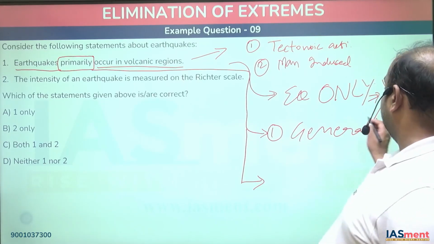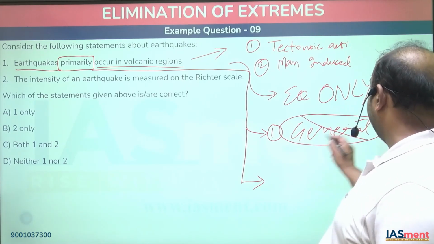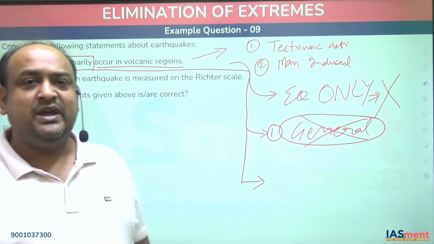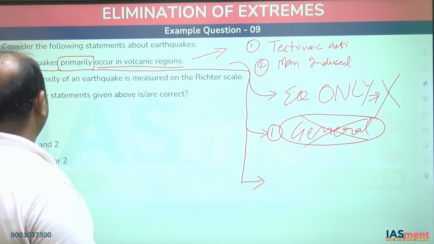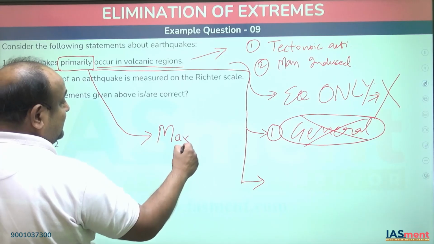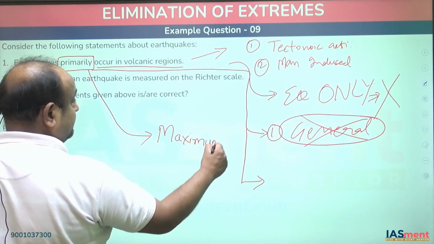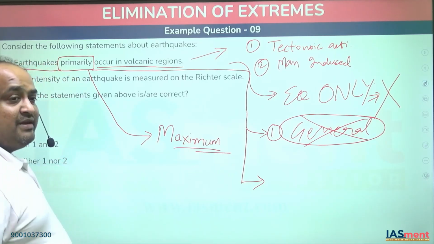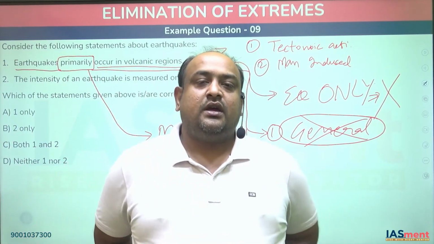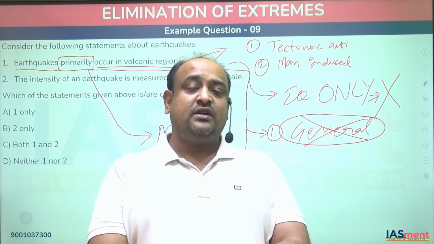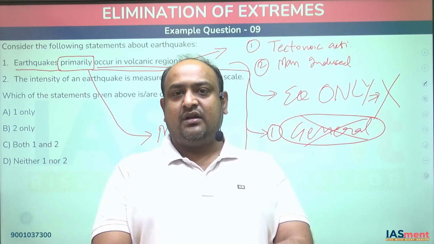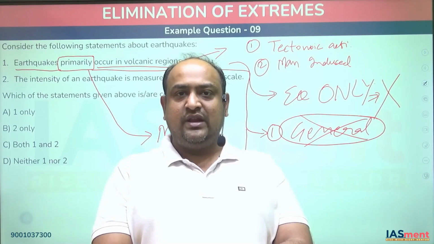My dear friends, this is not a general statement. Here you have to go by the meaning of the word. The general English meaning of the word primarily means maximum. Primarily means maximum. Have you ever studied that earthquakes maximally occur at tectonic activity places only?